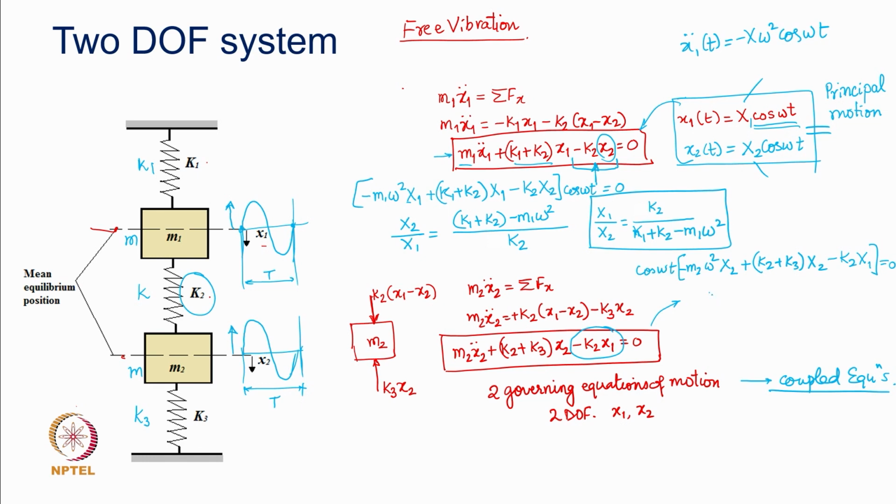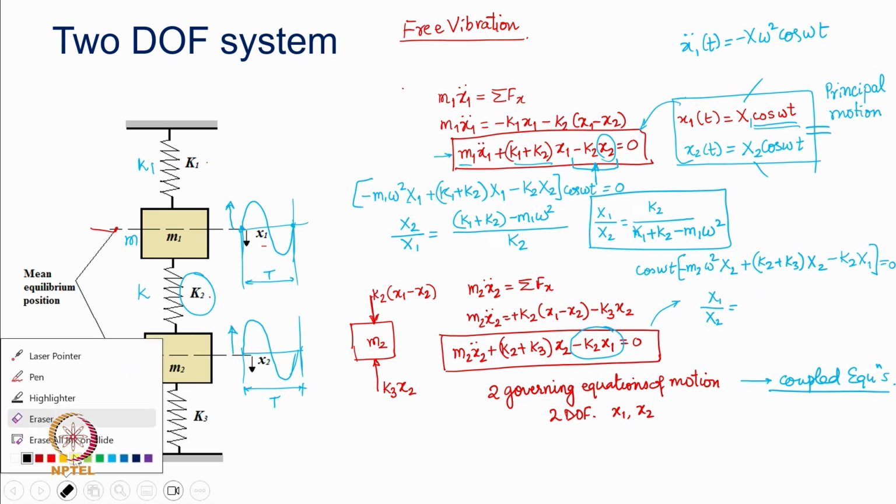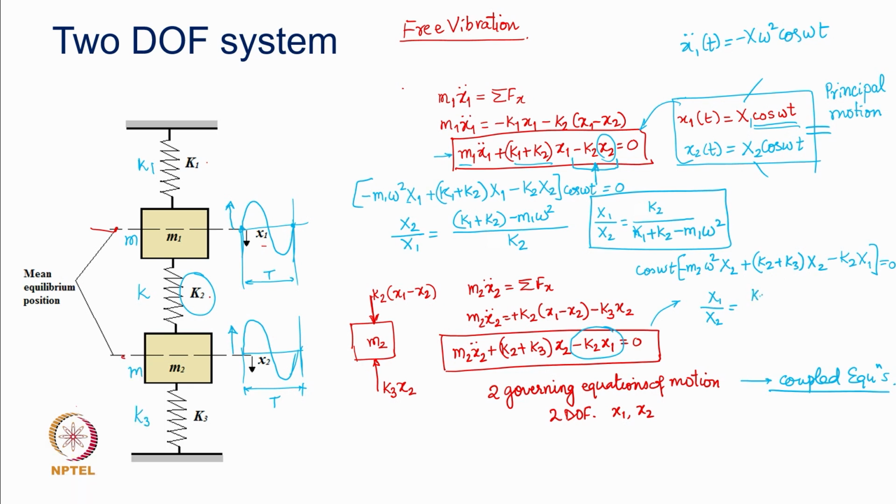So, when I reorganize this, X1 over X2 will turn out to be, let me write first the stiffness related term, K2 plus K3 minus M2 omega square, they are all connected with X2, and X1 will be K2.